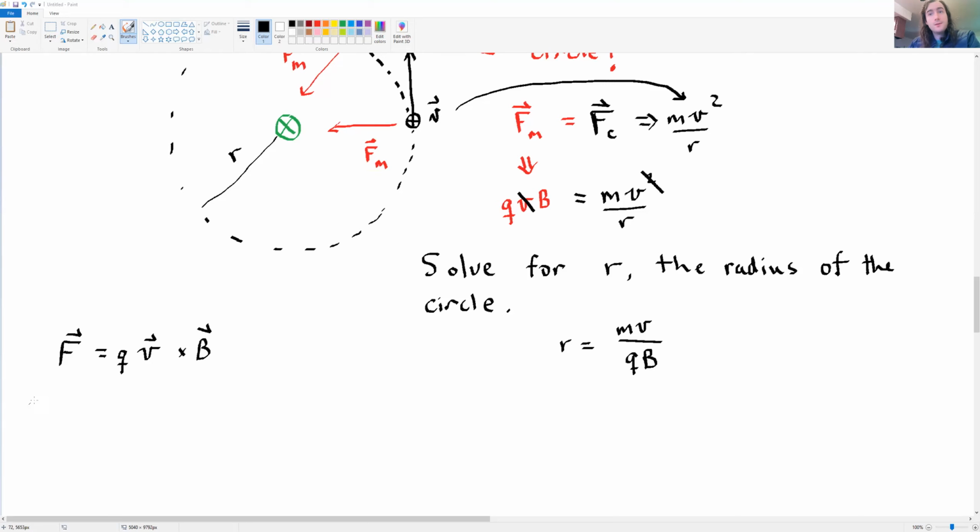If you remember from last semester, the work energy theorem: the amount of work done on a particle or some object is equal to the change in its kinetic energy, right? So we're tying in this stuff from this semester into the stuff you learned from last semester.